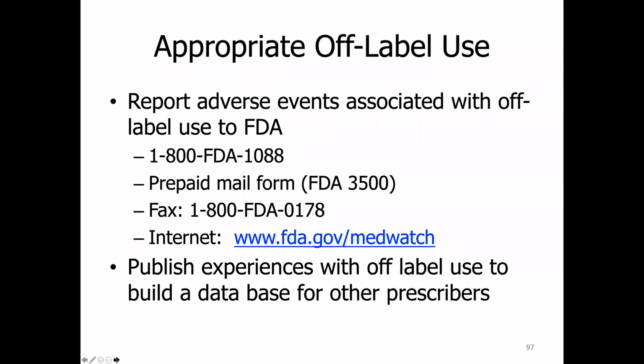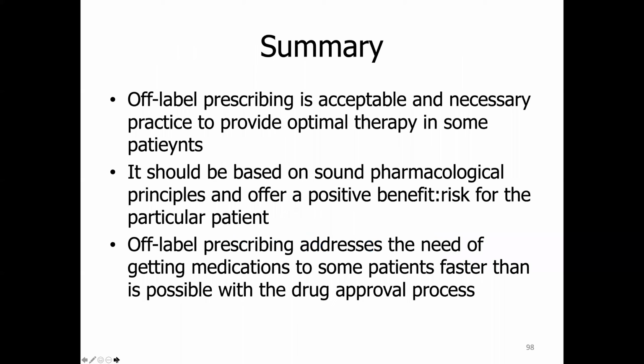For example, we see a lot of SSRIs that have been approved for one condition, but some SSRIs have not been approved for that condition. And sometimes you may use that other agent. That would be off-label. So it's acceptable and necessary, and in some patients, it helps provide optimal therapy. It should be based on sound pharmacological principles and give you a positive benefit.